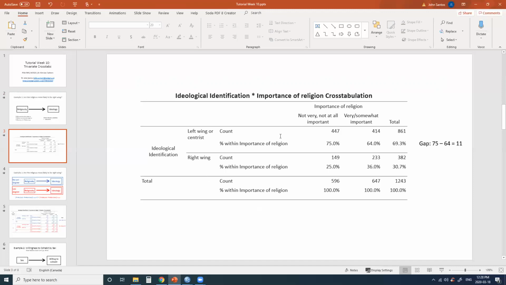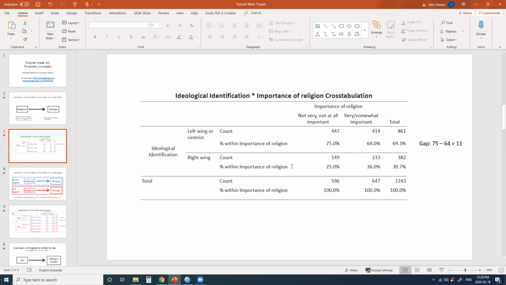And sure enough, of those for whom religion is not very or not at all important, 75% identify as centrist, versus only 64% of those who say religion is very or somewhat important, right? So that's a gap of 11 points.